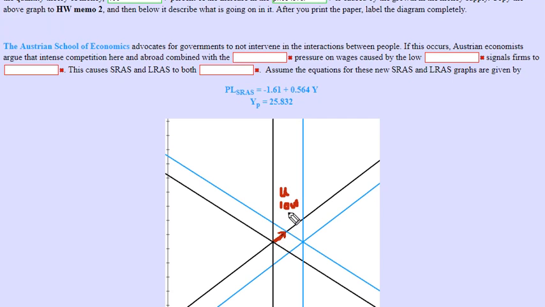So in the Austrian world, when there's low unemployment, there's pressure on wages to go up. However, instead of raising their prices, perhaps firms will innovate. Maybe they'll automate their processes.